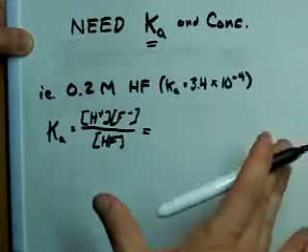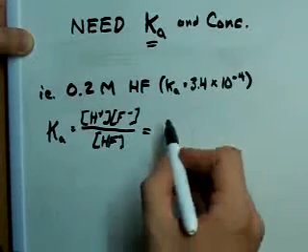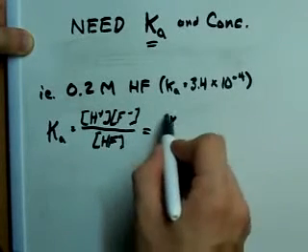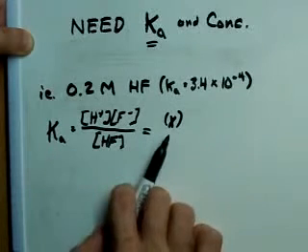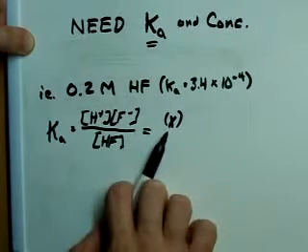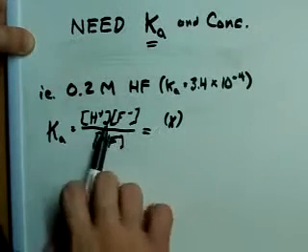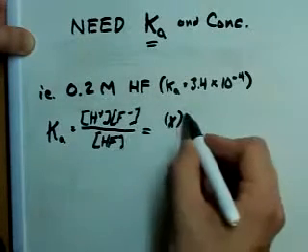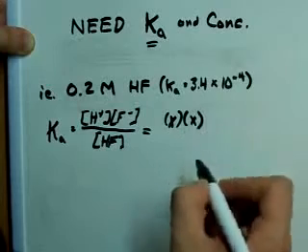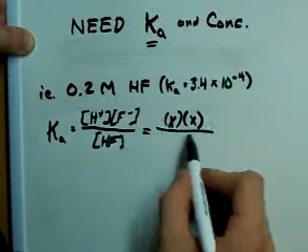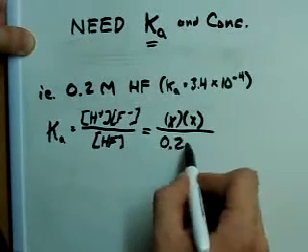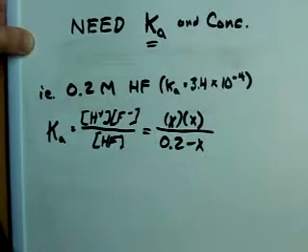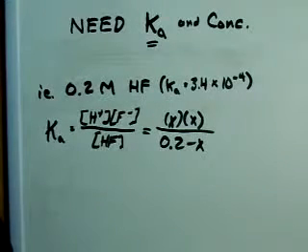I know you guys may hate algebra, but there's only one way to solve this, and that is to assume that a certain amount, X of it, dissolves and gives us the H plus and F minus. If it gives us X H plus, it gives us X F minus, and we're left with 0.2 minus X of HF.